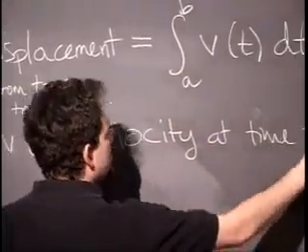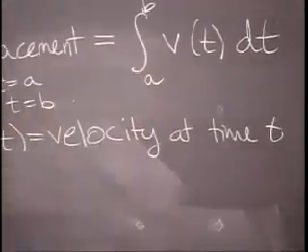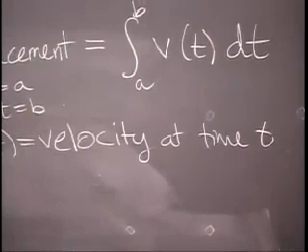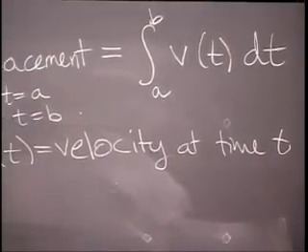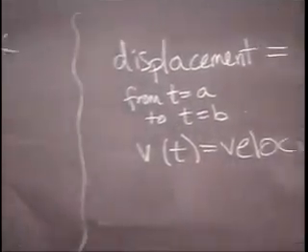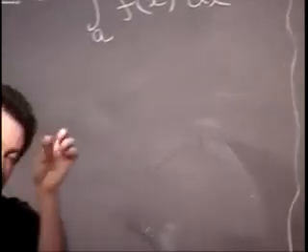So you can interpret this two ways. One is it's just the area, and two, you can think of it as the Riemann sum, a limit of all these little approximating journeys where your speed was pretended to be constant over tiny little time intervals.